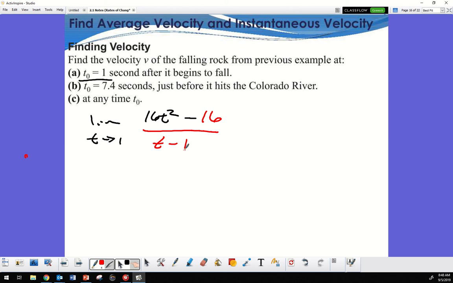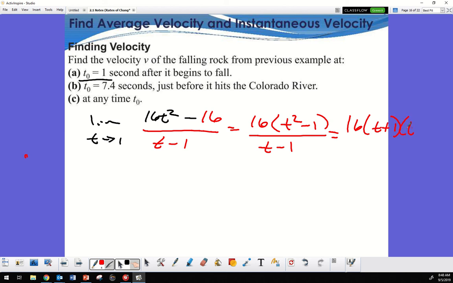So we have 16 quantity t squared minus 1 over t minus 1, which is going to give me 16 quantity t plus 1, t minus 1 over t minus 1.